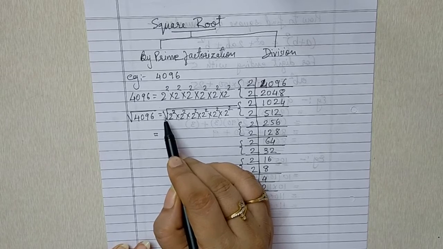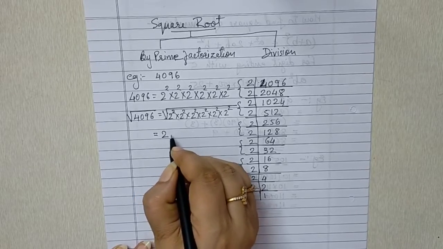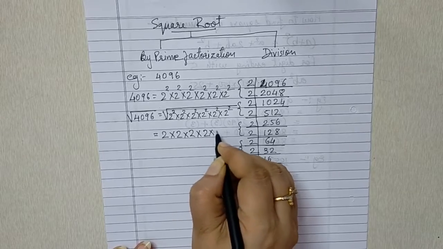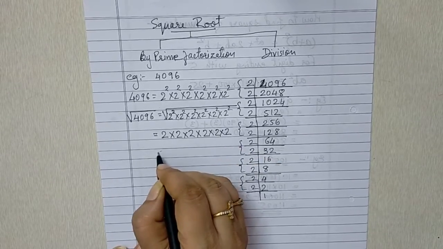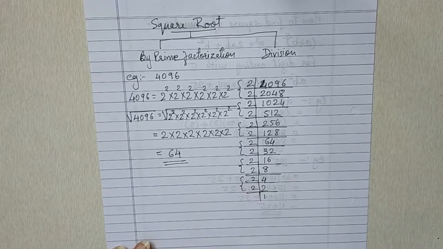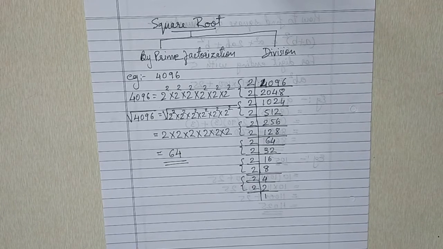So the square root of 4096 we get 6 times 2, multiplying, and that is 64. So the square root of 4096 is 64. This method is known as the prime factorization method. Hope you all got it.